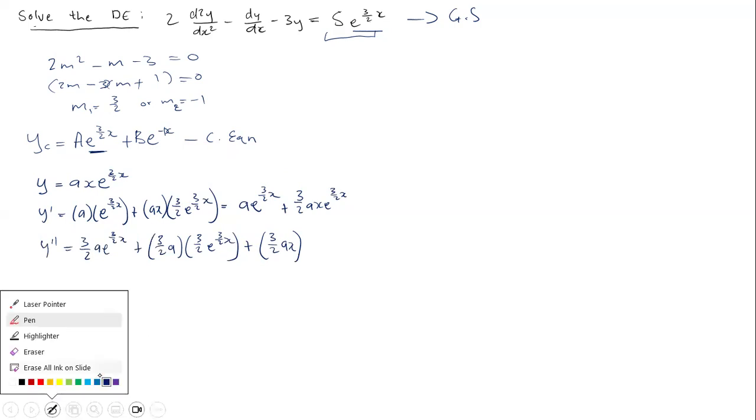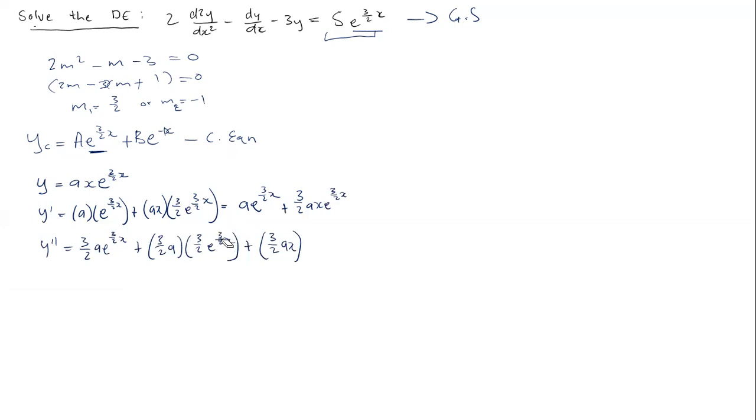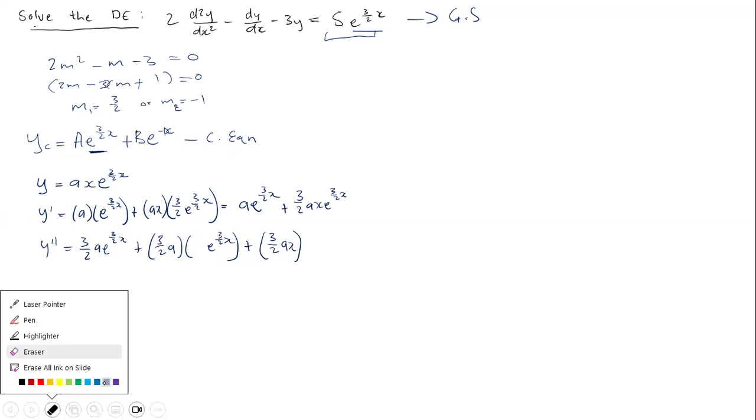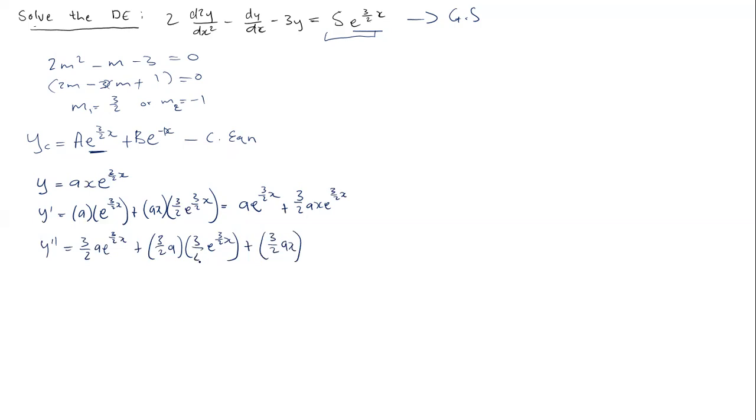I cannot differentiate both of them here. Let's fix that mistake. I thought I differentiated it. I did not. So it's 3 over 2. It's fine. So that means here, after I differentiate this, I keep this one the same.